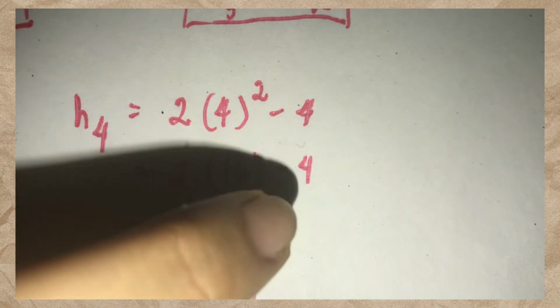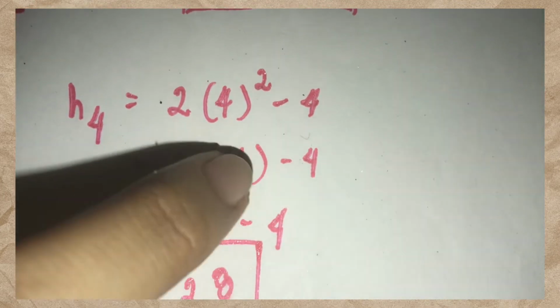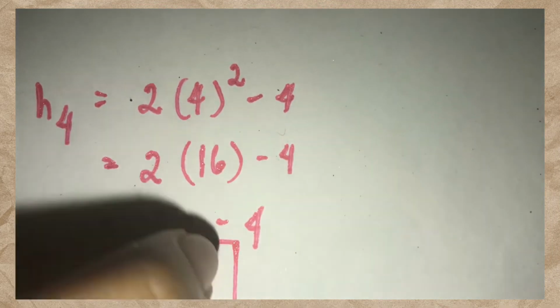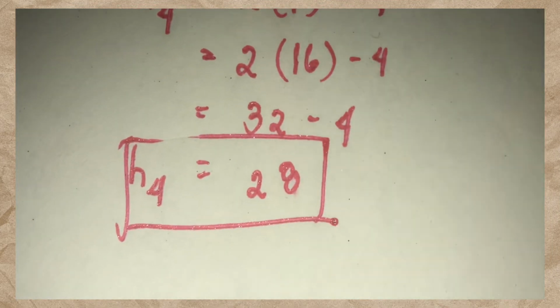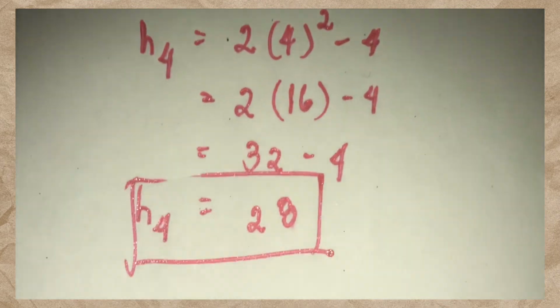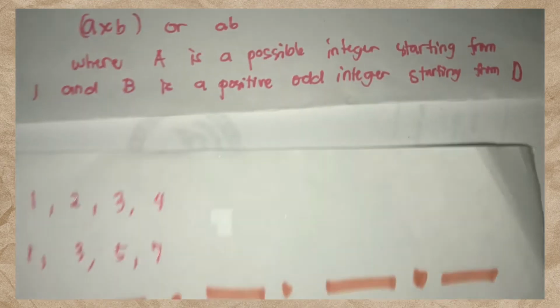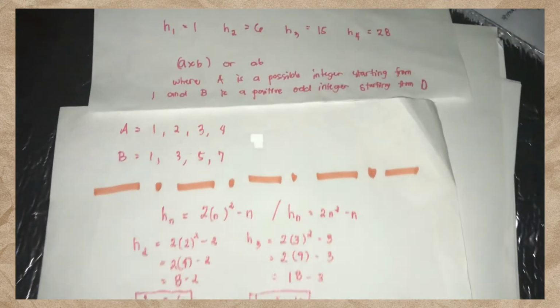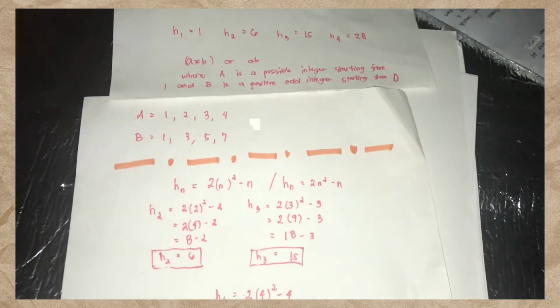Multiply by itself, 4 times 4 equals 16. 2 times 16 equals 32, minus 4. So there you have it, 28. So I predicted 28. And that is how I was able to come up with my answer.